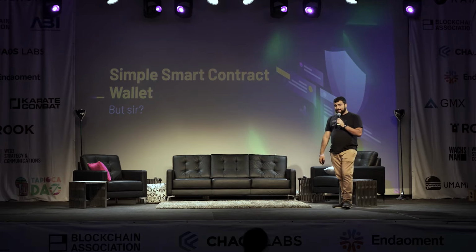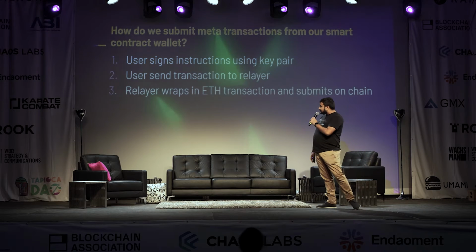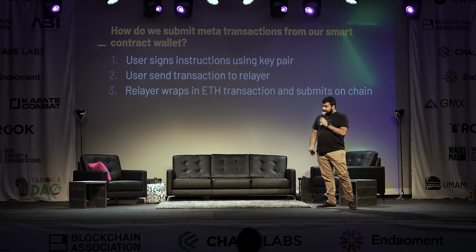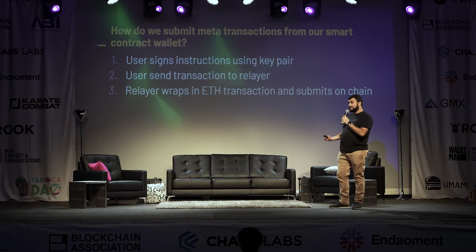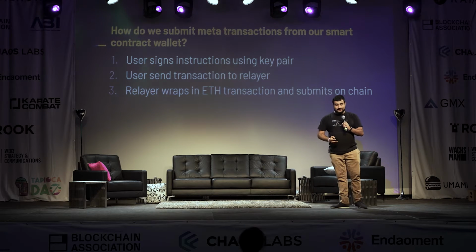So if we look at a simple smart contract wallet as an intro to how metatransactions work. First of all, if we have a smart contract wallet with just a key pair, we're not doing anything special. We just want a metatransaction.